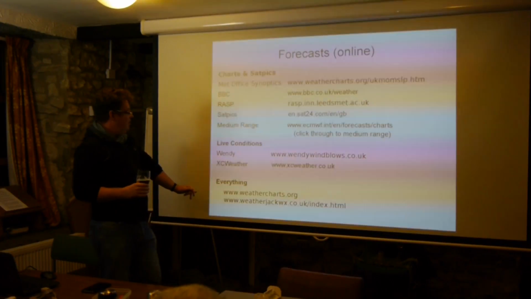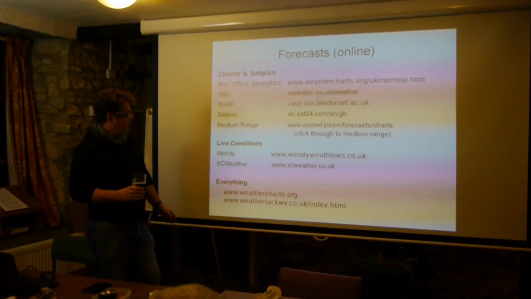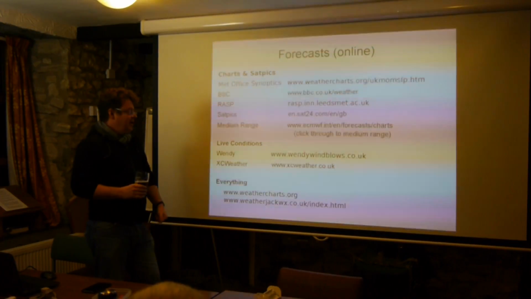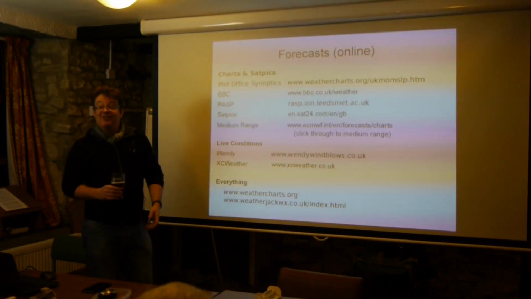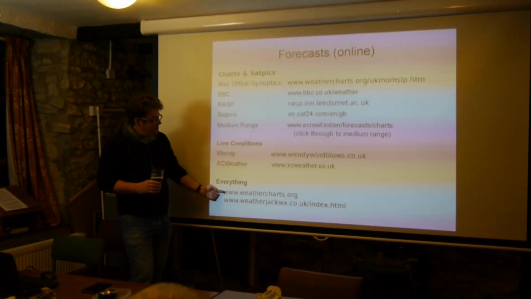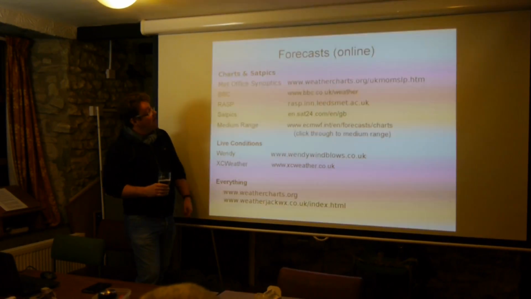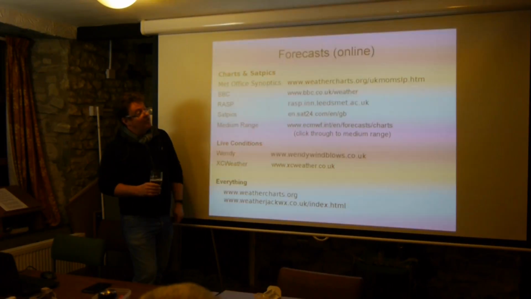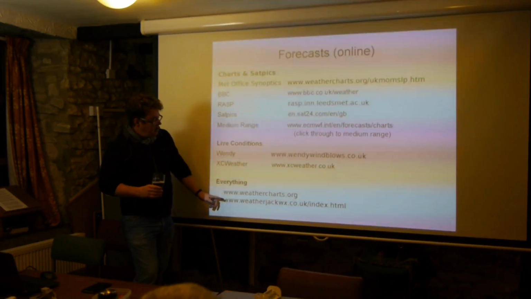And then you've got some kind of sites that basically collect all sorts of resources for you to look at, because, well, if you don't like one forecast, it's always a good idea to have a look for another. Eventually you might find one you like. Weathercharts.org has a huge number of resources that you can click through into, showing various different things, not just the surface level pressure synoptic plots that I've indicated up there.